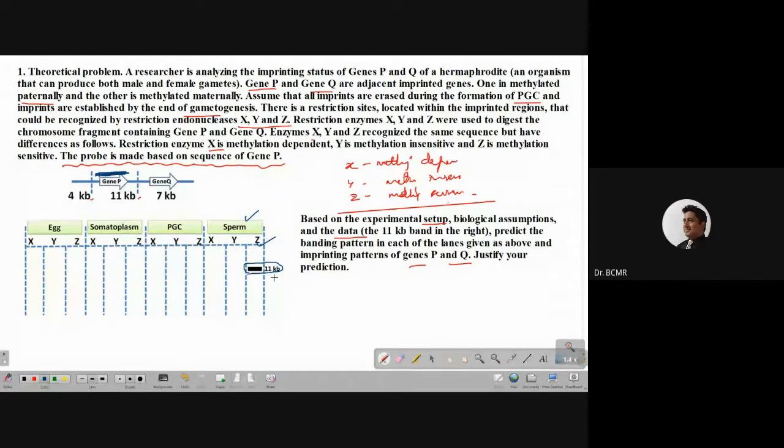I'm looking at whether there is a mistake. Let me check. Sir, change it to something. Okay, sir, it is gene P only, sir. No, no, you have to think a little more.